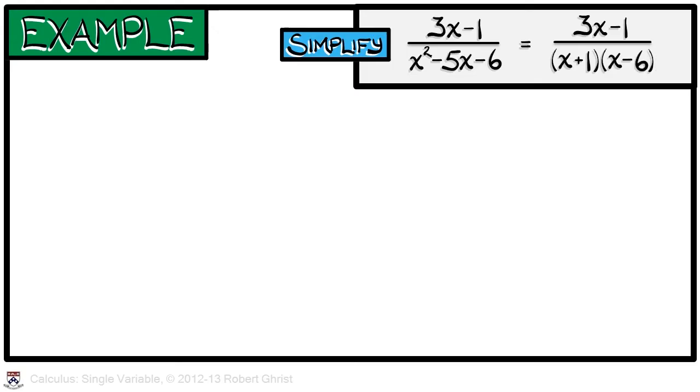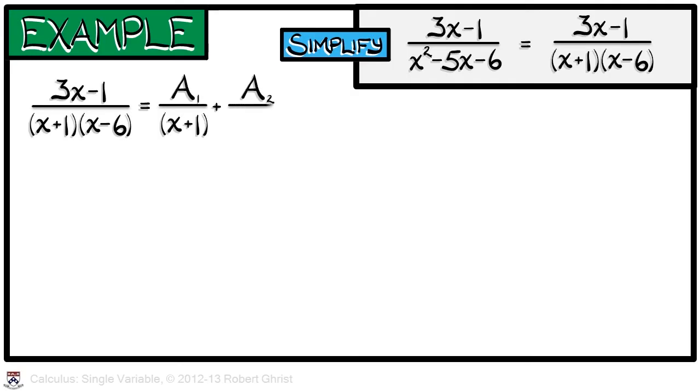We can factor the denominator as (x + 1)(x − 6). By our algebraic fact, we know that this must be a1/(x + 1) + a2/(x − 6). For simplicity, let's call these constants A and B instead.